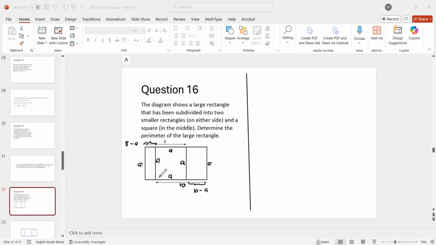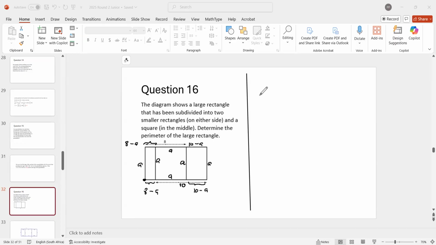All right. And we need this piece here also to get the perimeter. That's also 8 minus A. And this piece here you also need for the perimeter, because I want to go right round. So if you start here, let's start adding up all the distances.